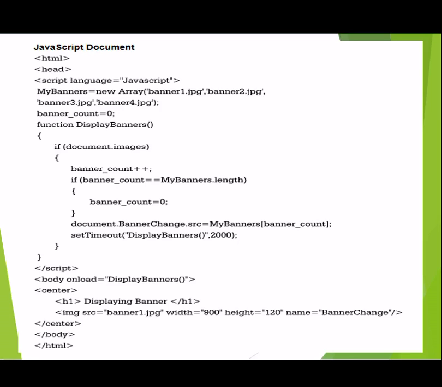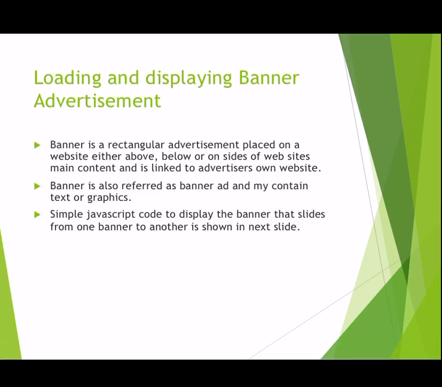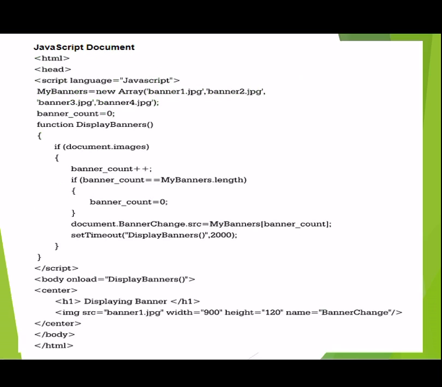When the banner count is 3, banner 4 will be displayed. When your banner count becomes 4, that is the length of your banner array, the banner count is set to 0, that is, again it will start from banner 1.